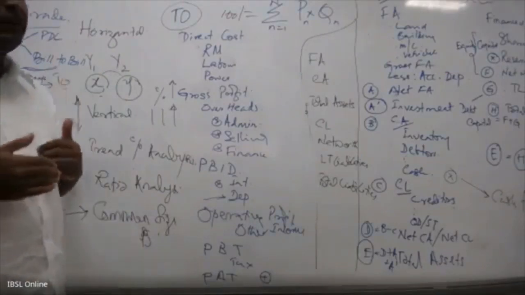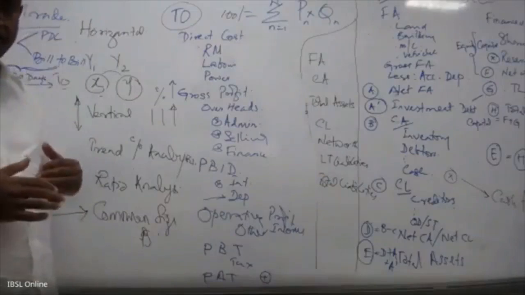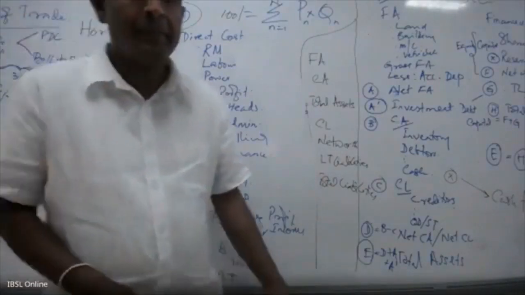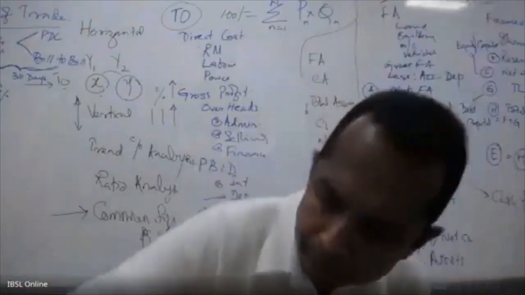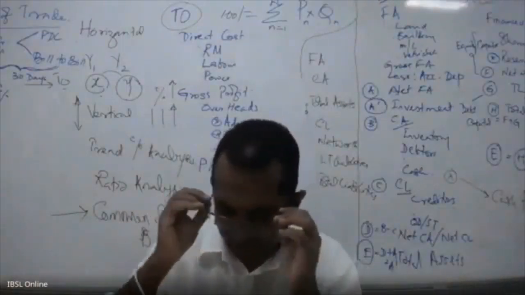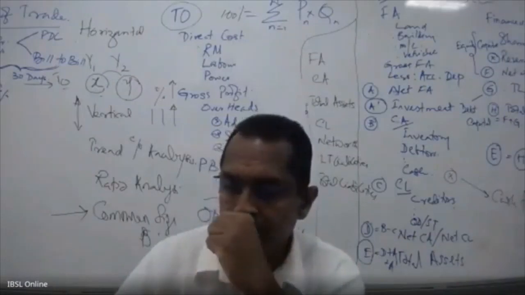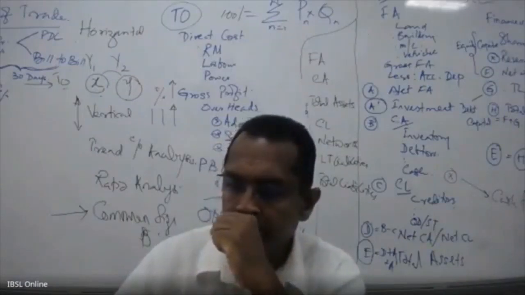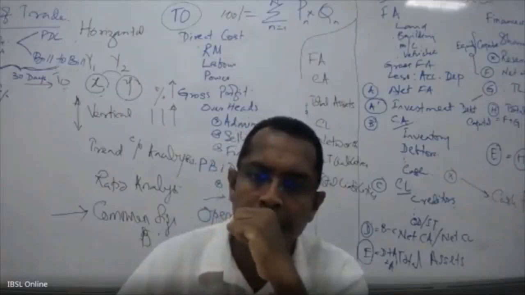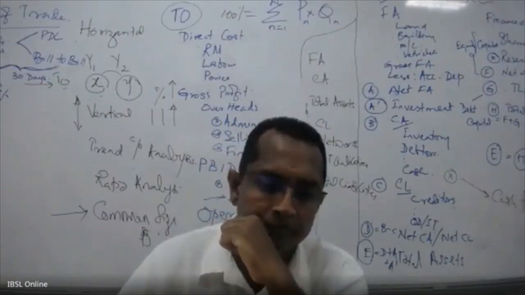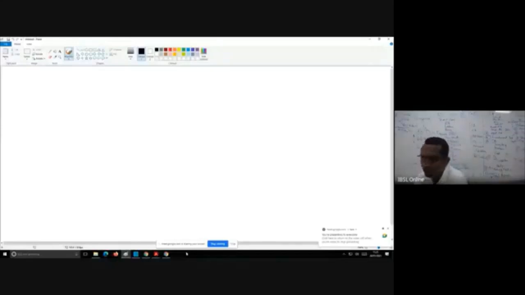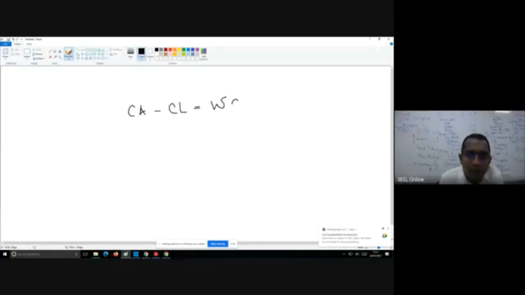Then our first ratio is working capital. Working capital is current assets minus current liabilities.